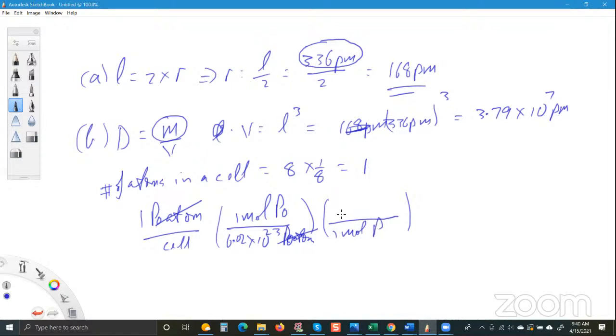If you look up the molar mass of polonium, it's going to be 208.998 grams, according to the information I have in front of me. And you work this out. Now, this mole will cancel out with this mole. So your final answer here would be 3.47 times 10 to the minus 22 grams when I work it out.